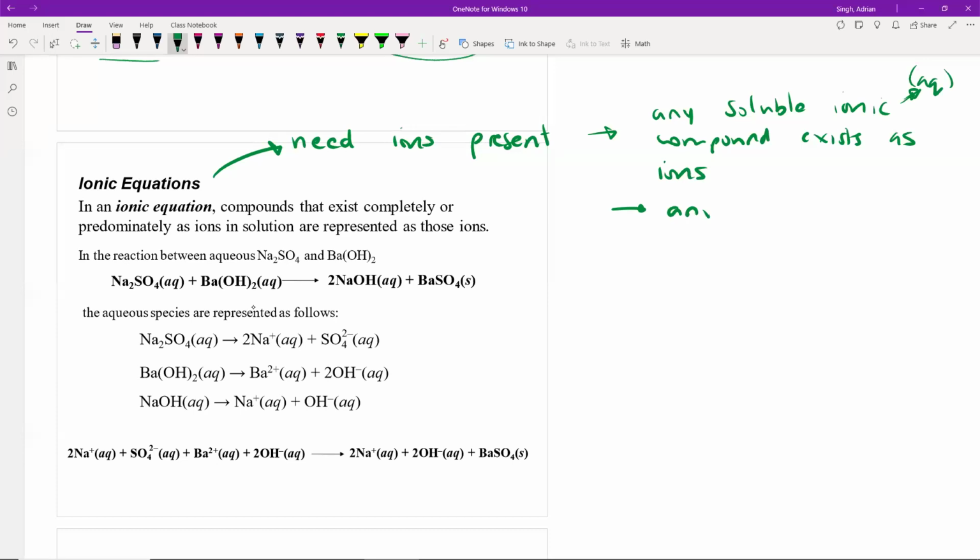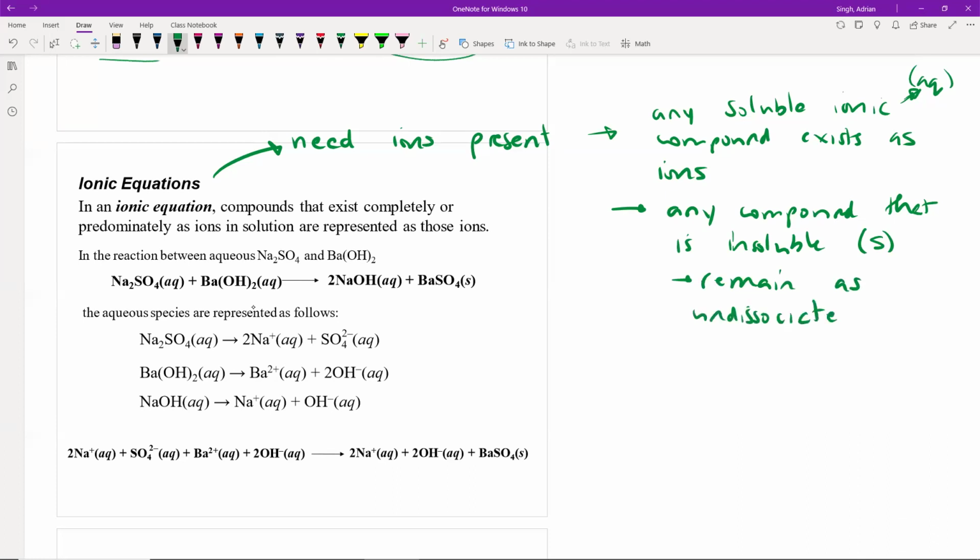Any compound that is insoluble, we can tell that because there's going to be a solid next to it, or we can use a solubility table. Okay, it's going to remain as an undissociated compound. We're not going to break it into its ions because it doesn't dissolve.